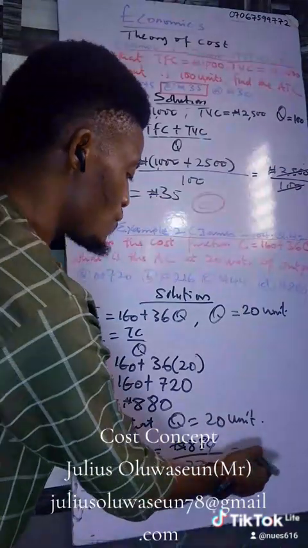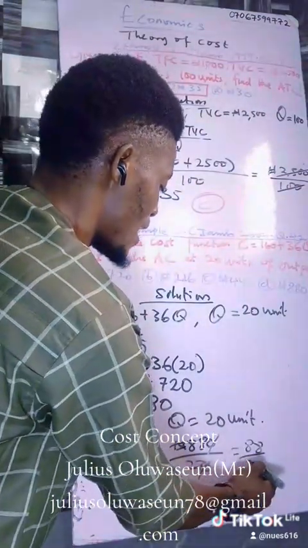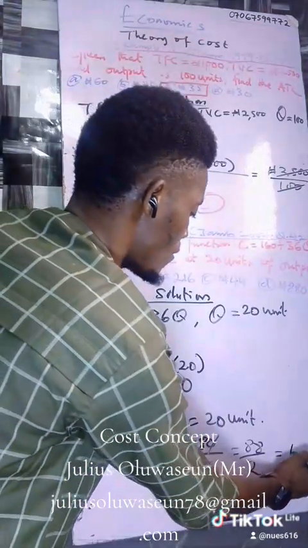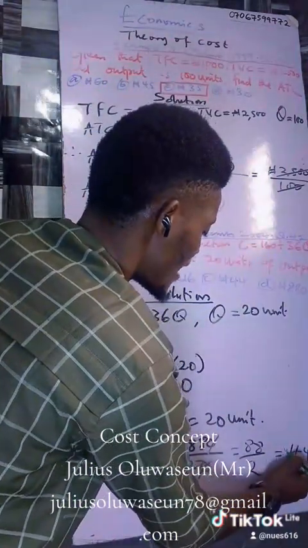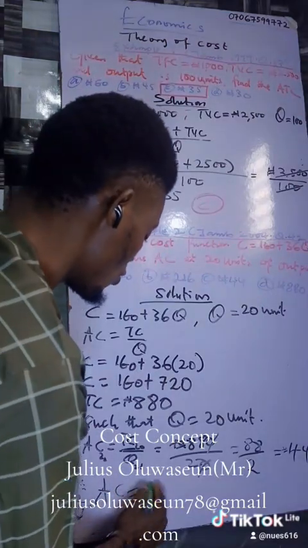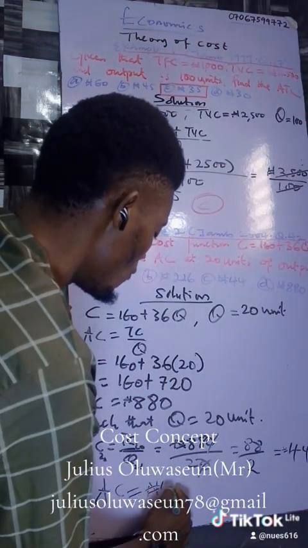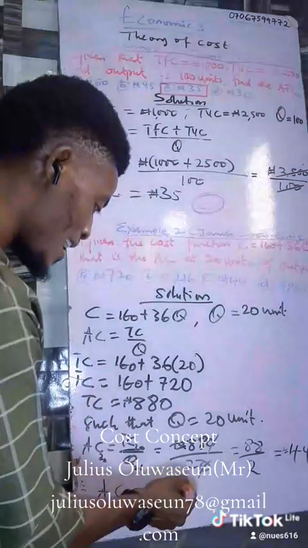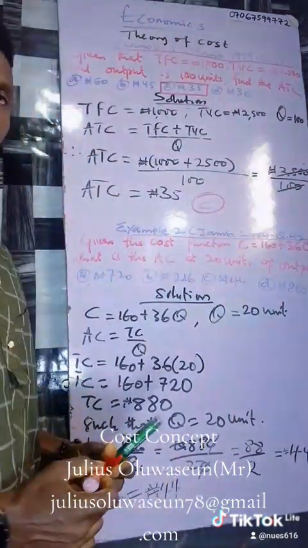We cancel the 0, left with 88 divided by 2, and we end up having 44 naira. So our average cost is equal to 44 naira. This is our final answer. Do you get it right?